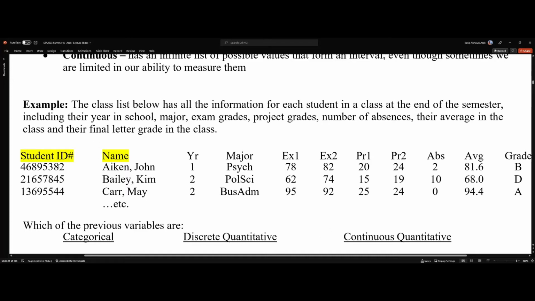So these are the student names and their codes, and these two are considered subjects because they work like identifiers of the subjects, right? And these, the year, the major, the exam 1, 2, project 1, 2, the absence, and average, and grade are all variables.